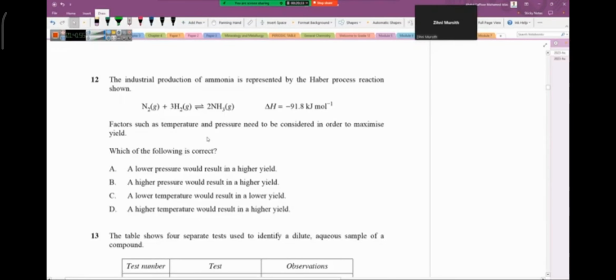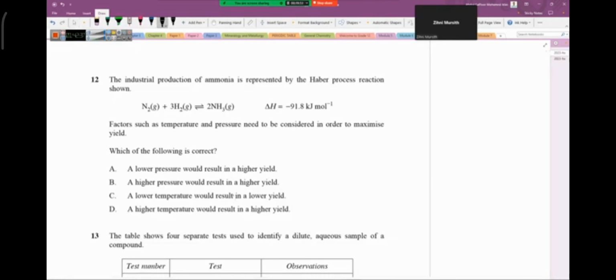So it's not C or D, it's either A or B. It's an exothermic reaction, and increasing temperature favors the left-hand side. Is it D? Okay, let's see.